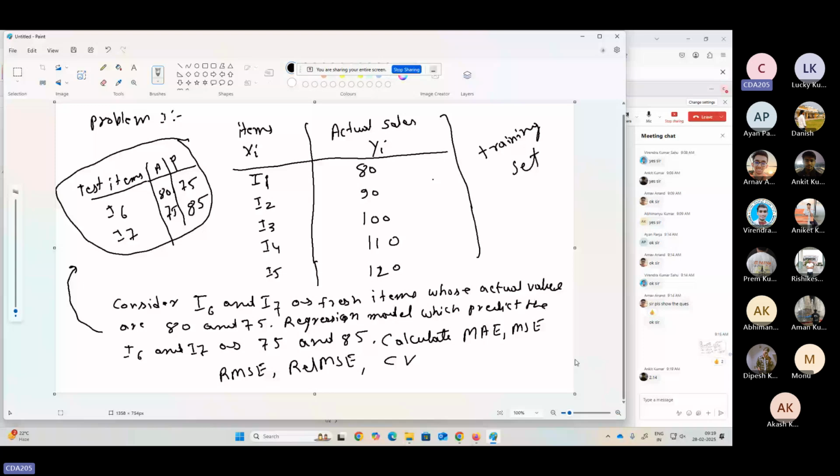I don't think so. 2.14 is such a low value. Manu Kumar says 7.5. Yeah, I think 7.5 is right, because 2.14 is way too low. It cannot be right. Is everyone getting MAE as 7.5?